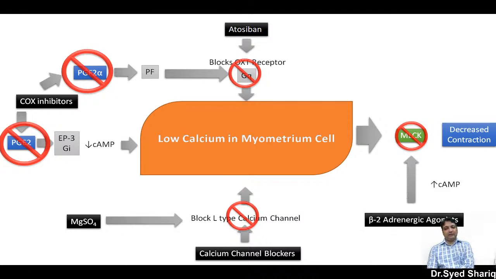The myosin light chain kinase can also be inhibited directly by increasing cyclic AMP, which decreases its phosphorylation. So the actin and myosin bridges, which ultimately lead to contraction, are not formed. Beta 2 agonists cause an increase in cyclic AMP levels, and therefore the contraction is decreased.